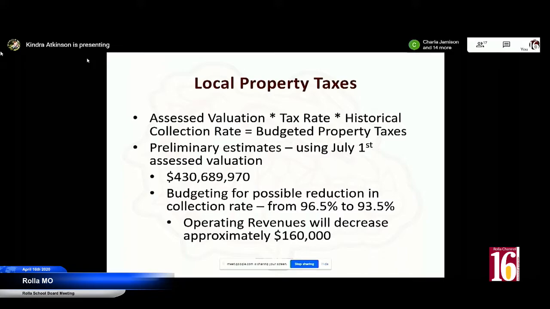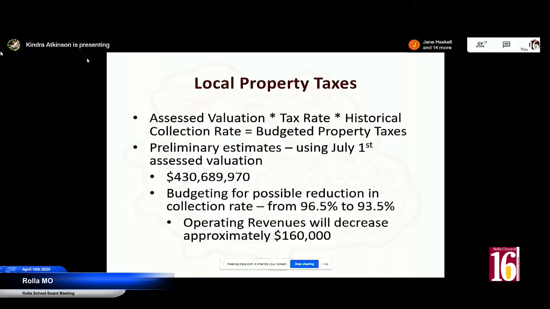we're looking at decreasing the collection rate from our average rate of 96.5% to 93.5%. The reason is that going into next fiscal year, we are expecting that people may have trouble paying their taxes.